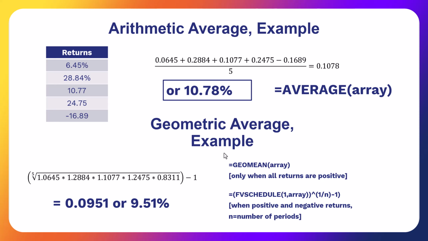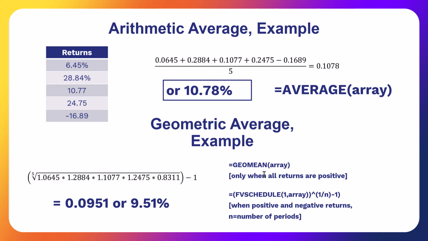For geometric average, again, we take 1 plus those numbers and multiply them all together. You then take it to the 5th root and then subtract 1, for our 9.51%.